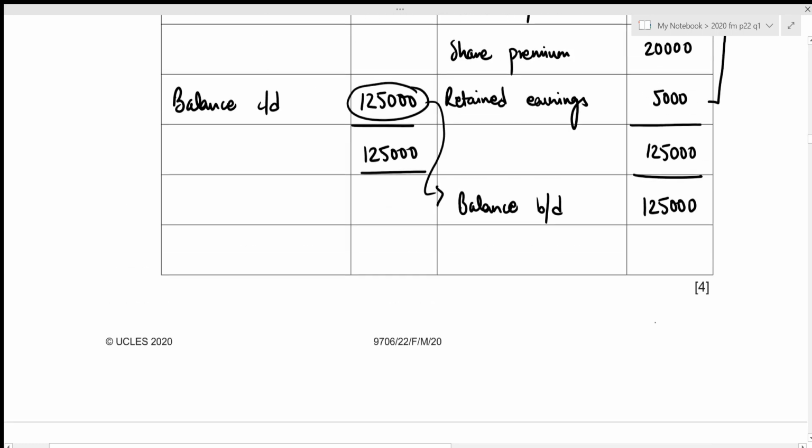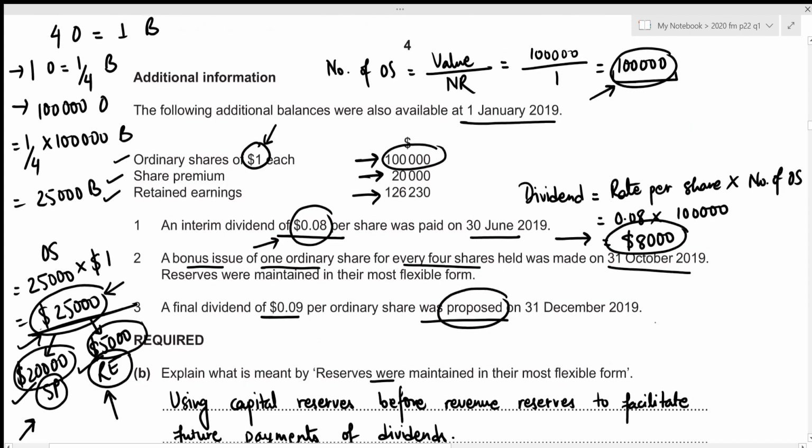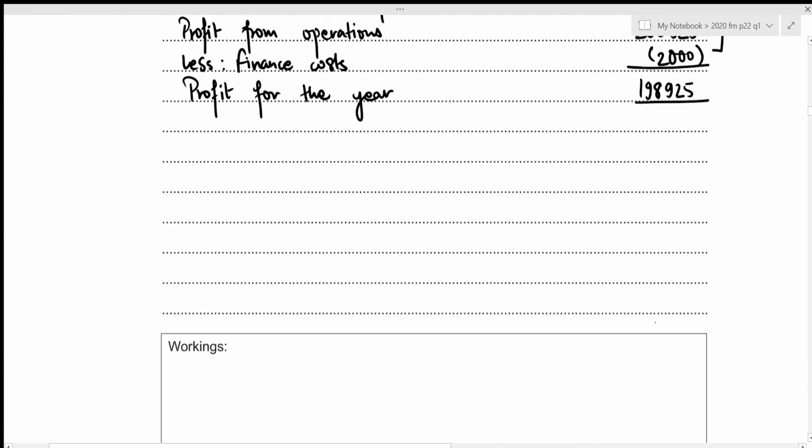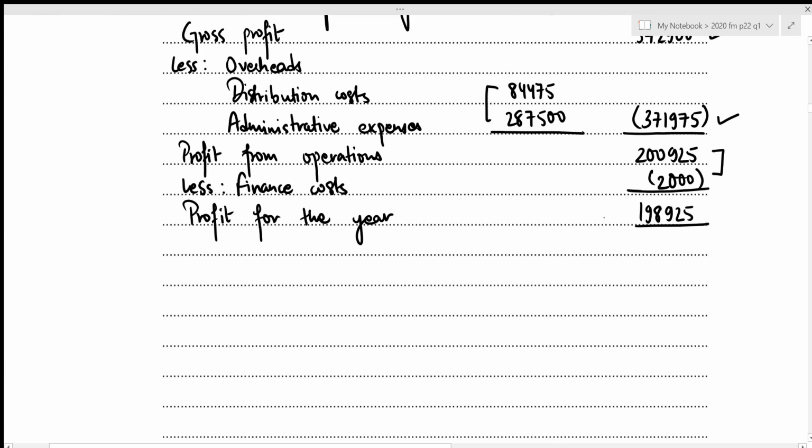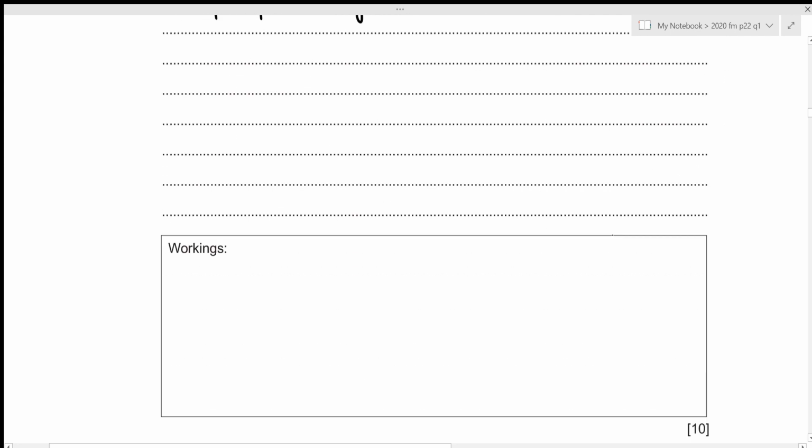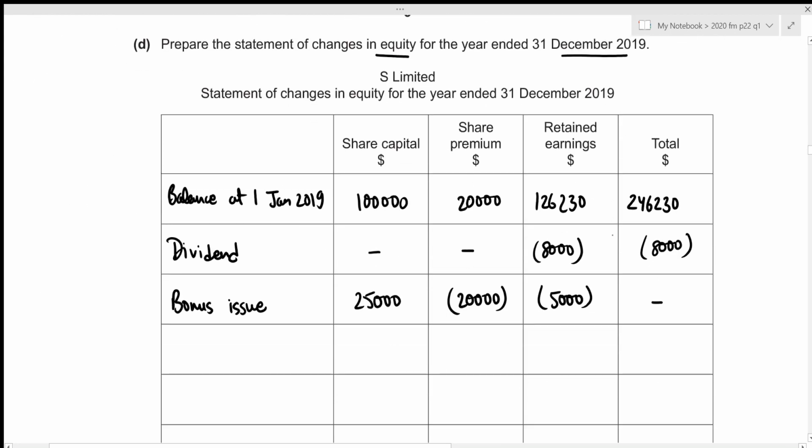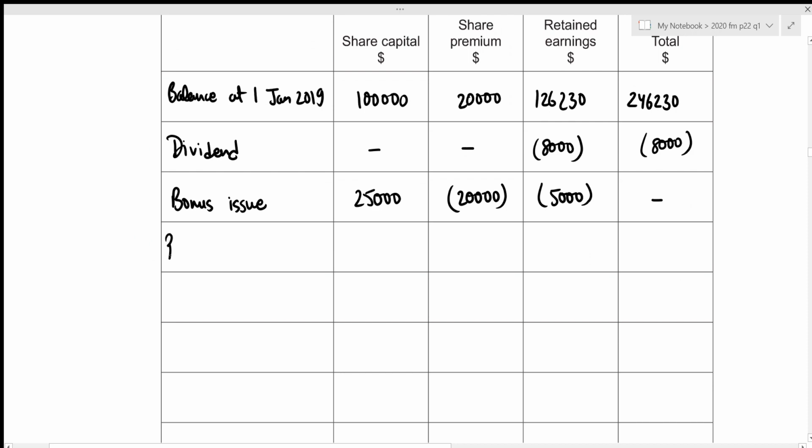All right, then we don't have any other transaction, but remember that we already figured out the profit in the first part, right? We figured out our profit for the year to be 198,925, which should be added to our retained earnings in the statement of changes in equity. So let's do that. That's going to be profit for the year with the amount of 198,925.